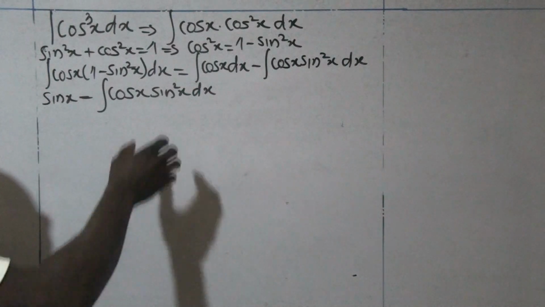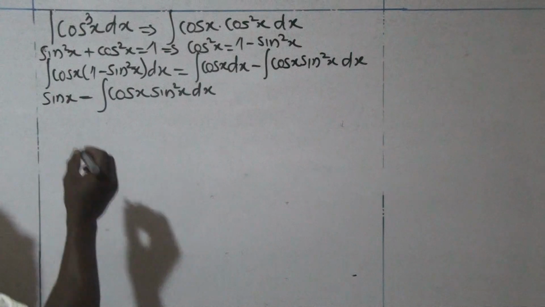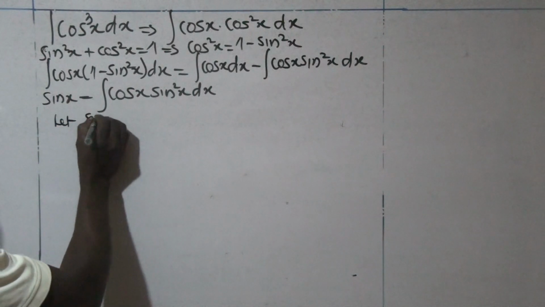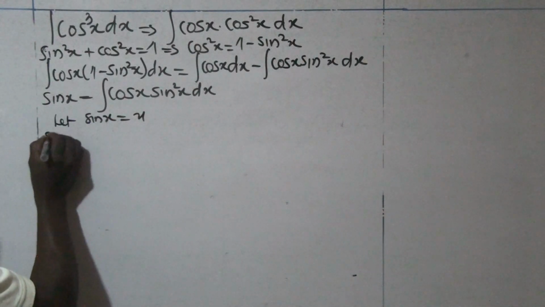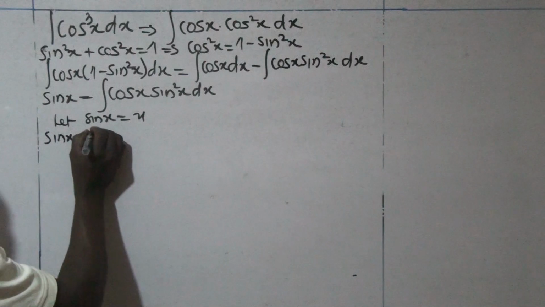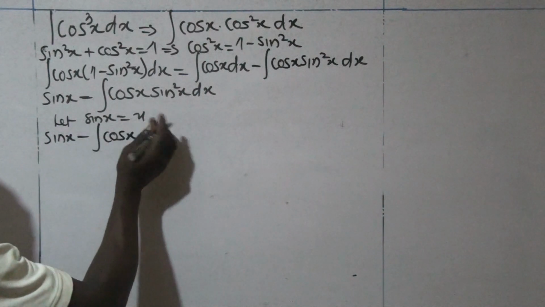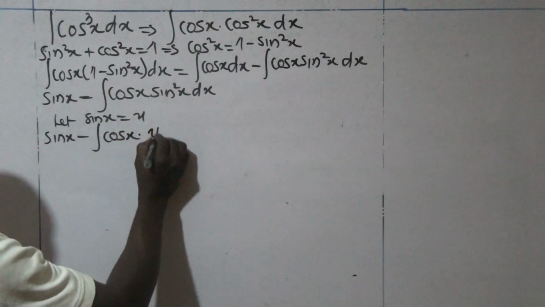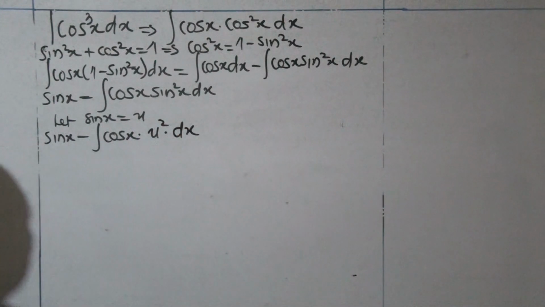But here, since the highest power is 2, we let sine x be equal to u. Our integral becomes sine x minus the integral of cos x, because we said sine x is equal to u, times u square dx.